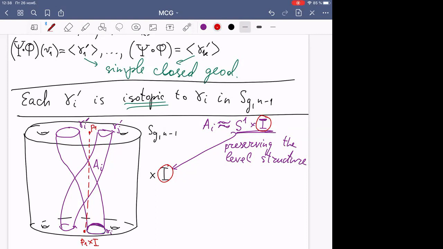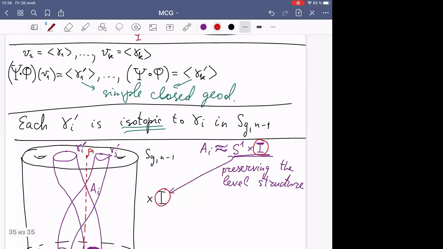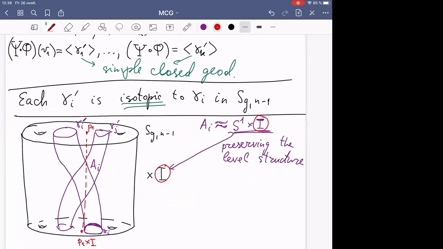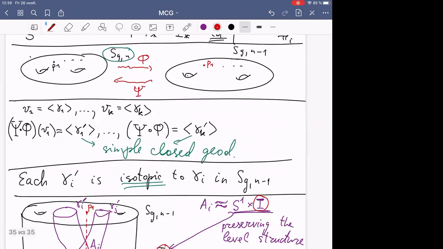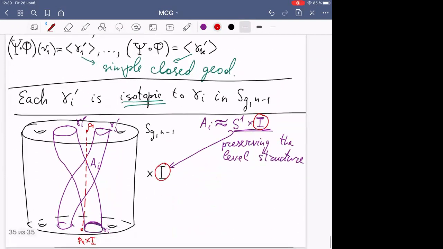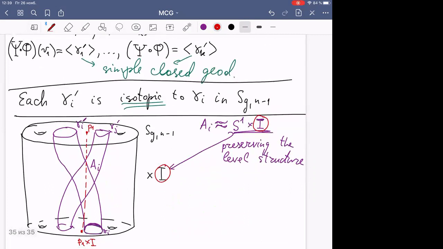If all the cylinders were disjoint from this segment, then gamma I prime would coincide with, would be isotopic to gamma I, and our map indeed would be the identity. So what is interesting for me is the case when this segment intersects the cylinders.